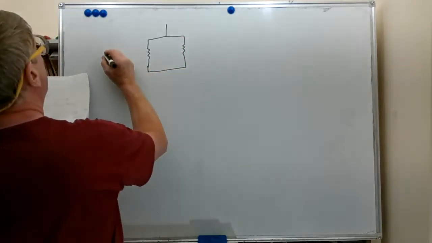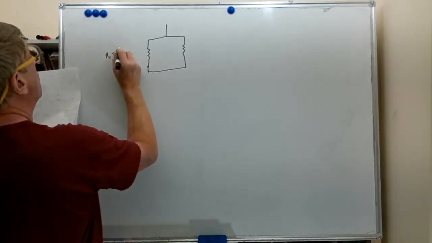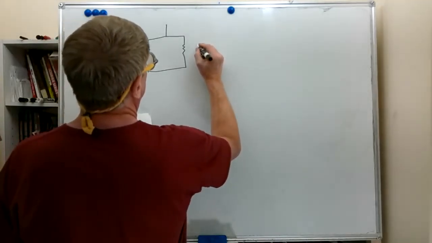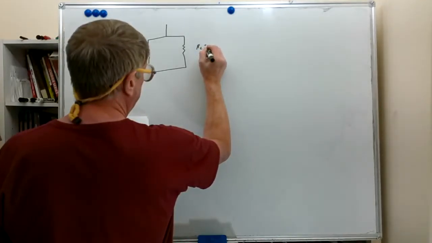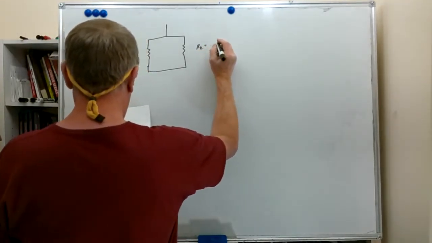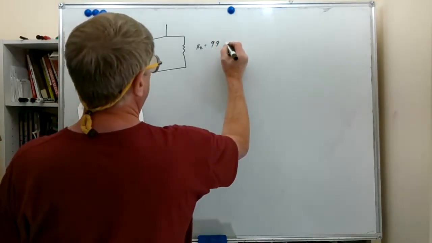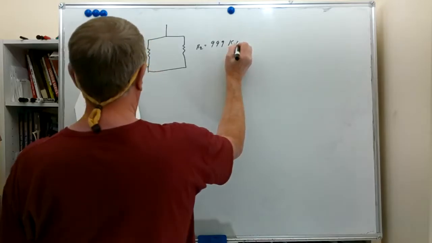Over here we're going to say R1 equals 1K ohm, R2 equals 999K ohms.